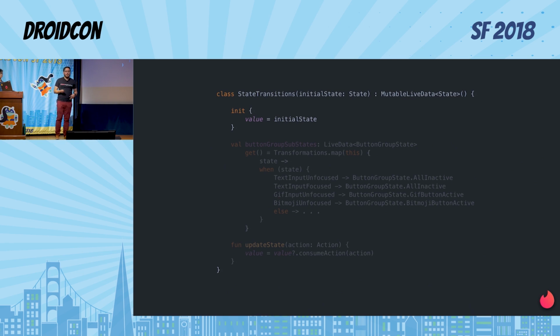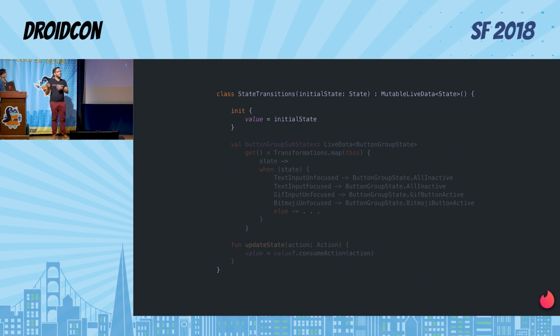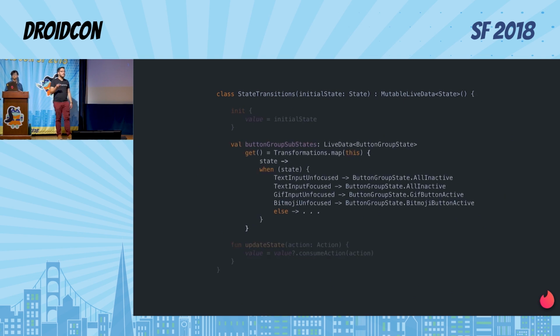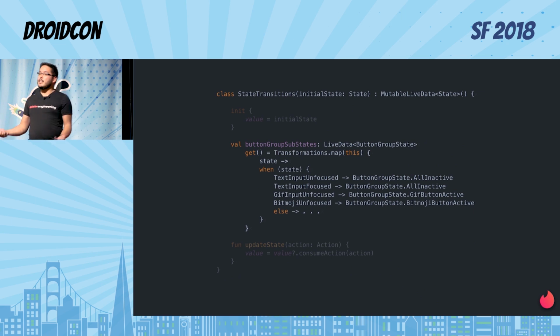So if we come here to state transition, we can extend a mutable LiveData or LiveData itself, and we have the initial state there, and then we have the method update state. But then we also have here a property called button group substates. This is another LiveData that actually is using the transformation to verify which state I'm in.